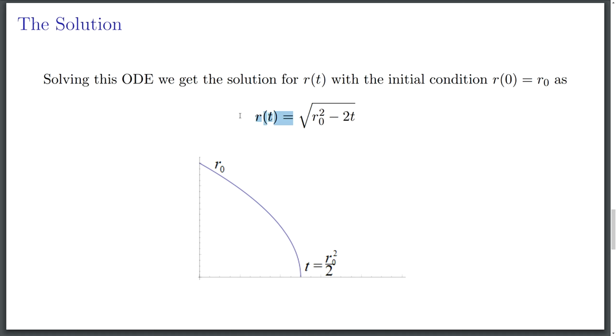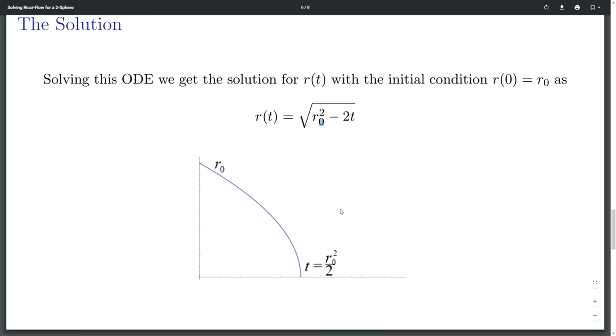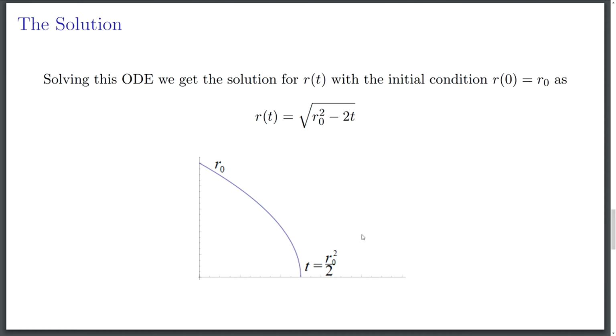If you set this equal to 0 and solve, you square both sides, take this one here, divide by minus 2, you get r naught squared on 2. And that's basically the extinction time. So obviously, the larger the radius of the sphere you start with, the longer it's going to take to disappear, right? That's basically a given. It's very intuitive to understand such a result.